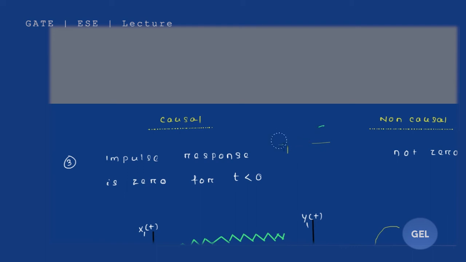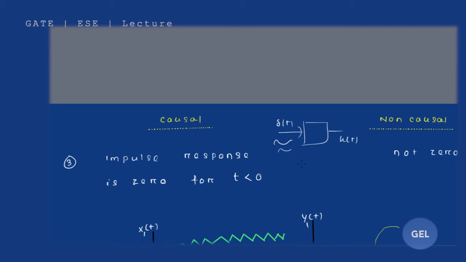That is why, if you know how this system responds to an impulse input, that means you have knowledge of the impulse response of the system, then you can have an idea for any kind of graph that could be given to this input. Because if you have an idea about the impulse response, you can work out the response for any graph with mathematical calculation.